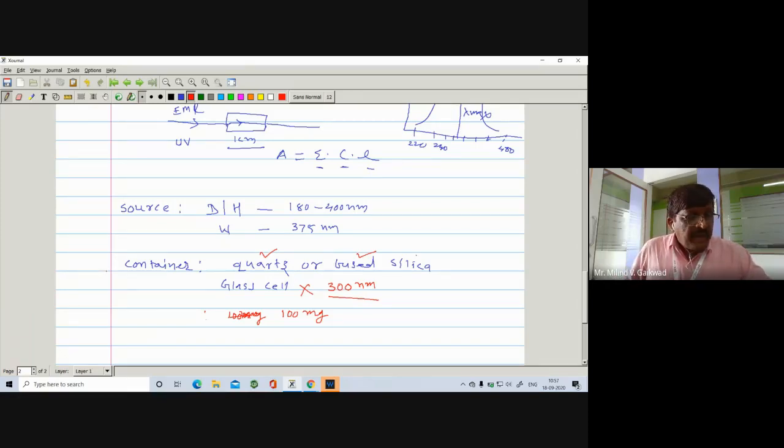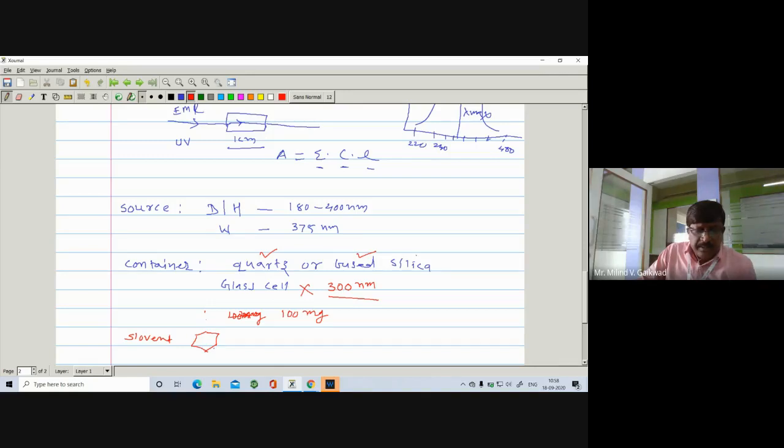Sometimes they may also ask what type of solvent we use in UV. Generally, we have to use a solvent that does not absorb this UV radiation. So we can use a non-absorbing solvent like cyclohexane.